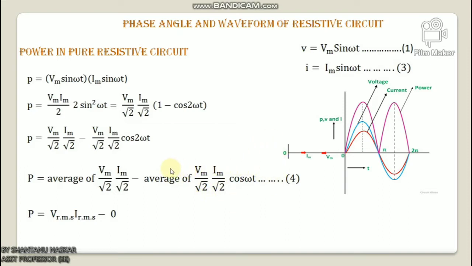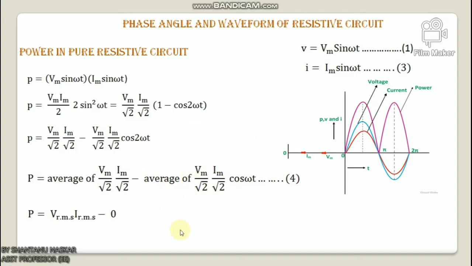As the average value of cos omega t is 0, putting it in equation 4, the power will be P equals Vrms Irms minus 0, where P is the average power, Vrms is the root mean square value of the supply voltage, and Irms is the root mean square value of the current. Hence the power in a pure resistive circuit is given here.